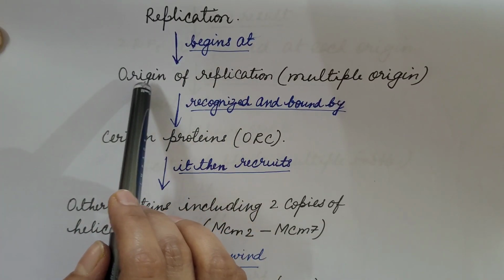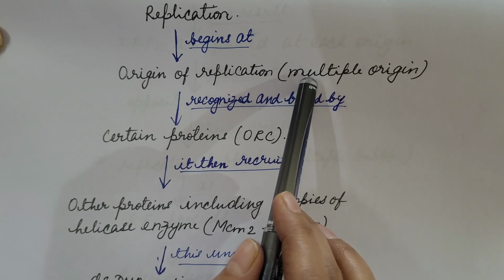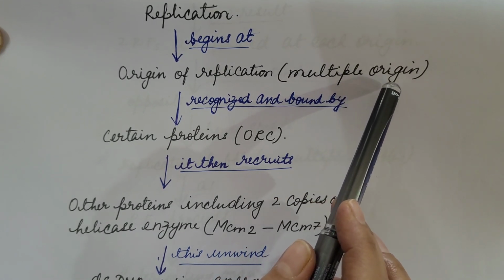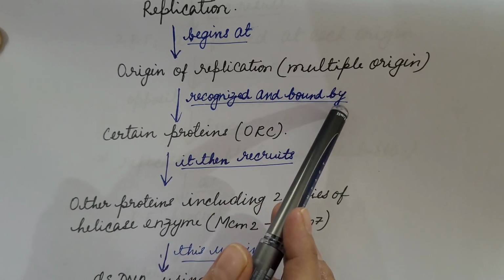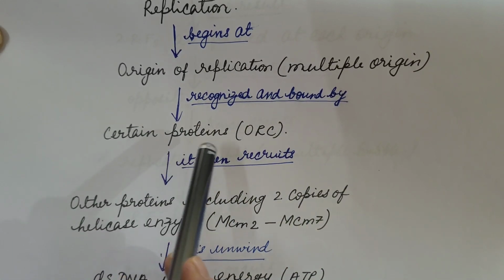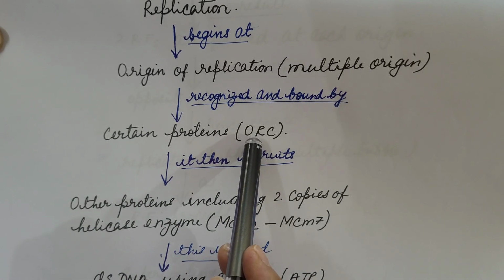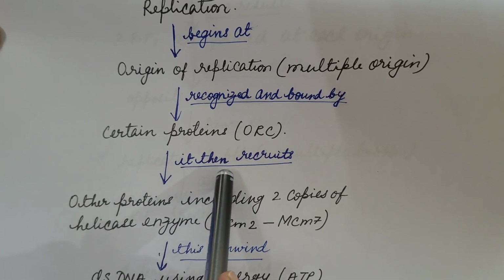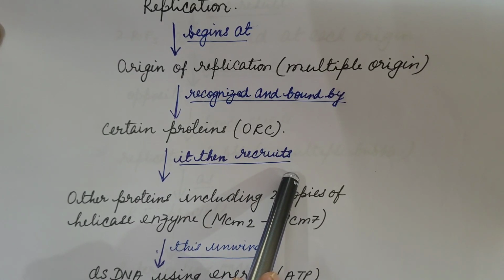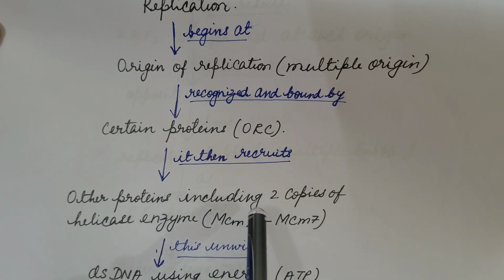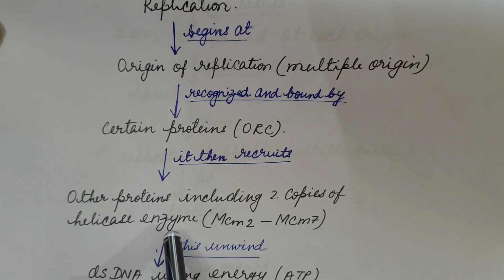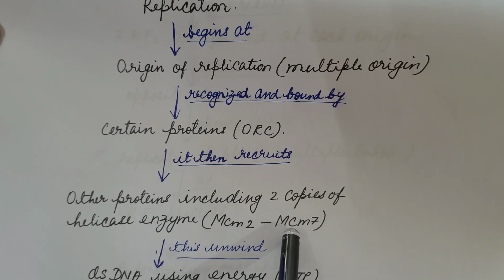Replication begins at the origin of replication. In eukaryotes, there are multiple origins of replication. These origins are recognized and bound by certain proteins known as the origin recognition complex. This ORC then recruits other proteins, including two copies of the helicase enzyme. This helicase is present in the form of a hexamer, MCM2 to MCM7.